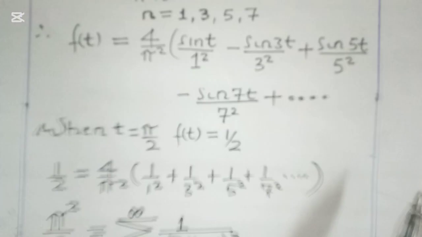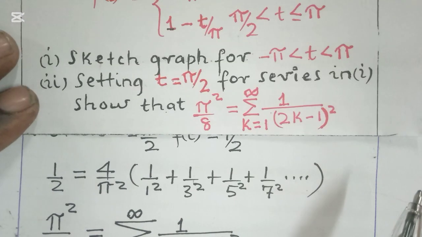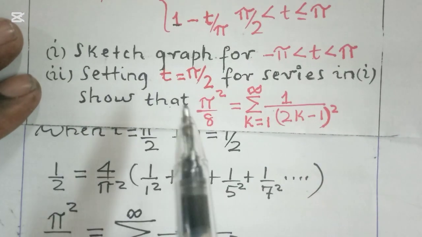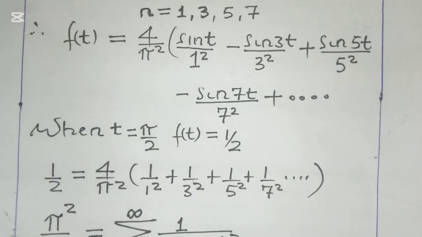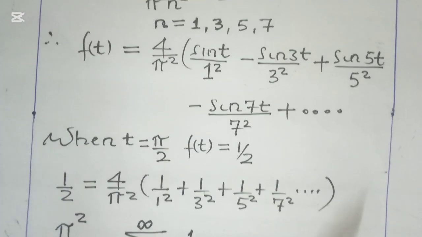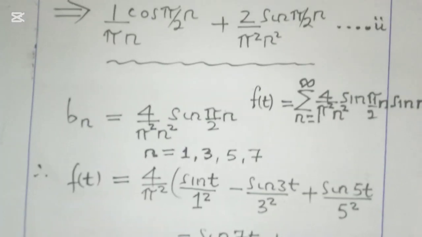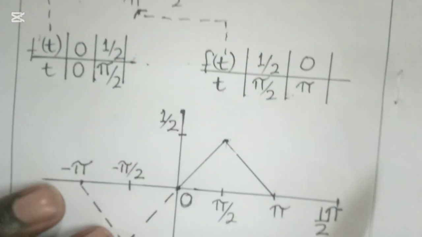Guys, now we come to prove our condition here. This is the condition we want to prove, by setting t equal to pi over 2. So when t is pi over 2, going back to the equation we had, this is what we had, this figure.